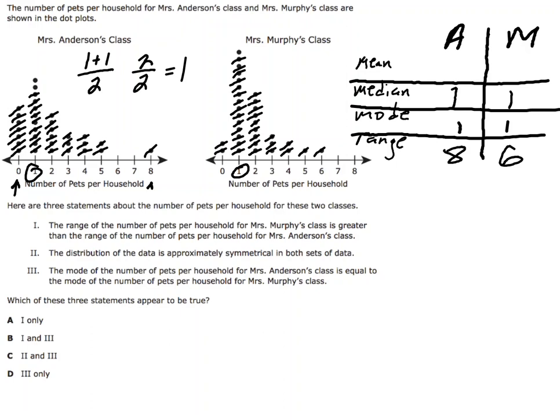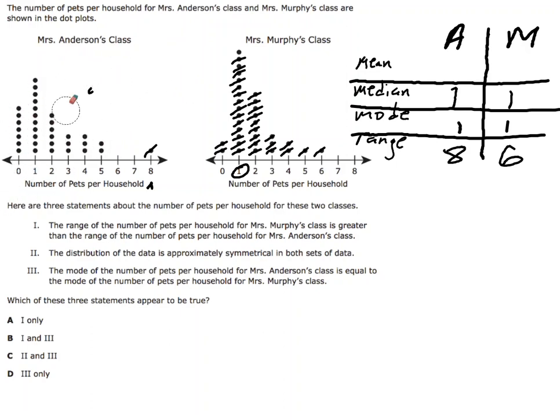The mean is a bit different. And so I'm going to erase my hash marks. Now, there are a lot of individual numbers that I could write in a list from smallest to largest, but that would take a lot of space.